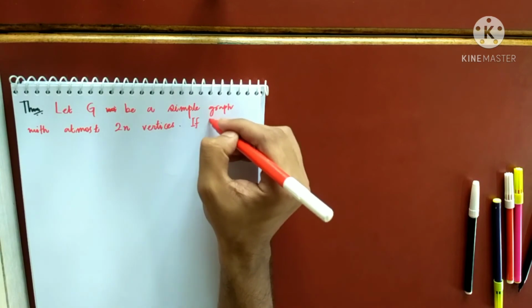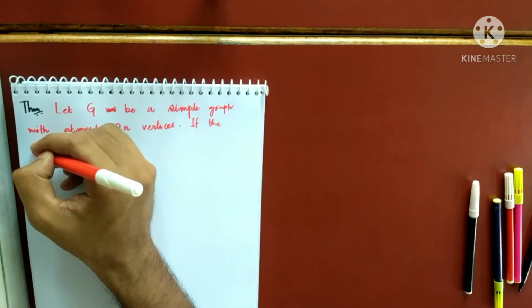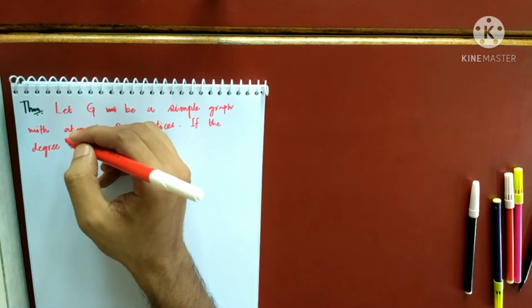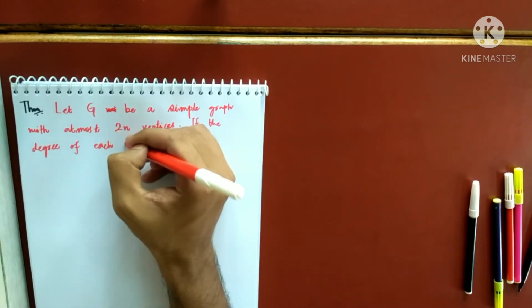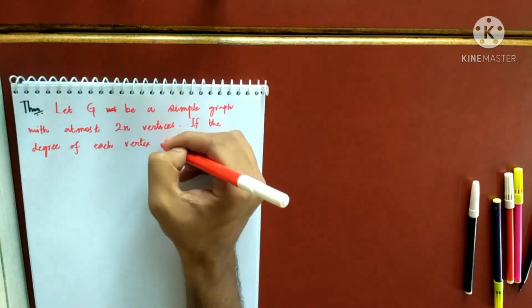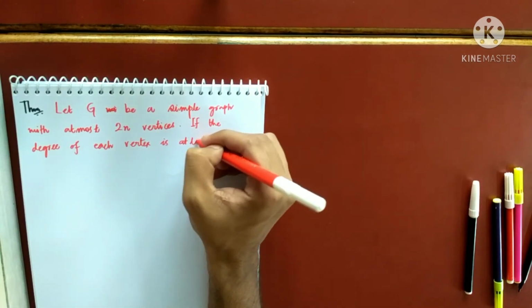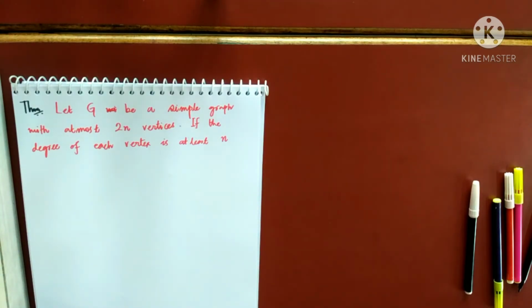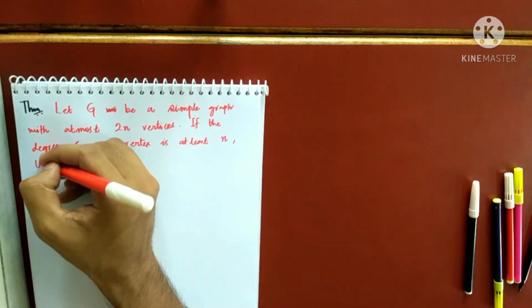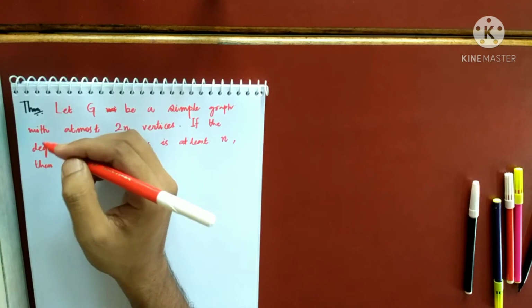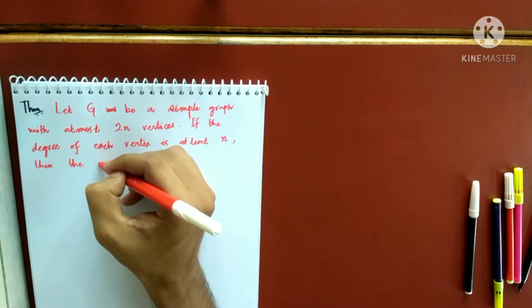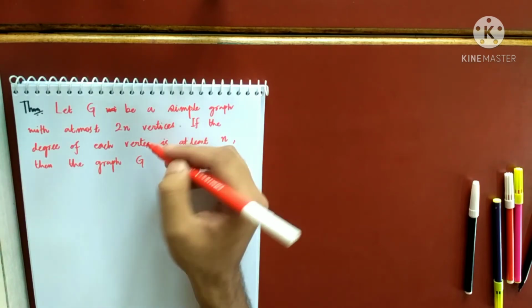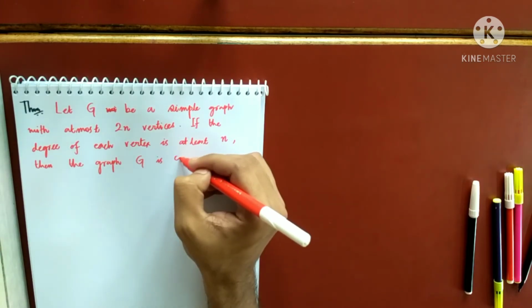If the degree of each vertex is at least n, then the graph G is connected.